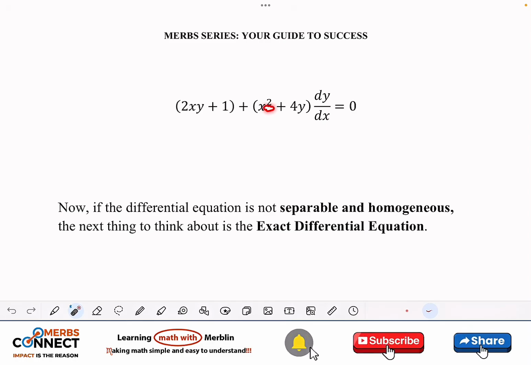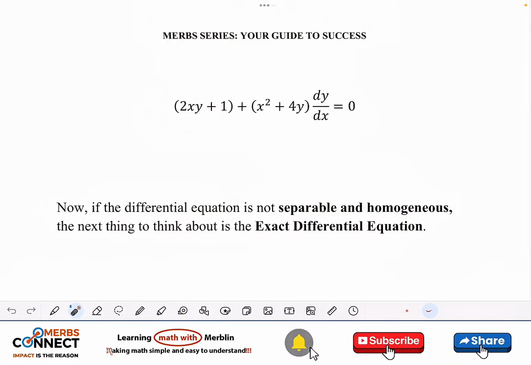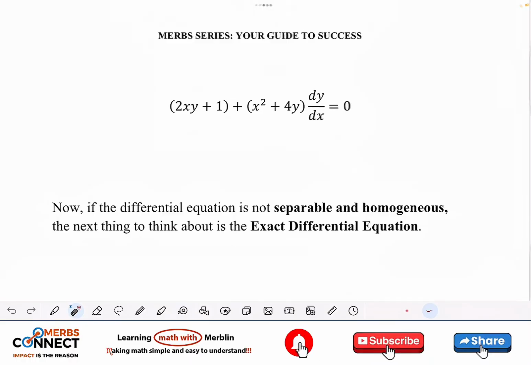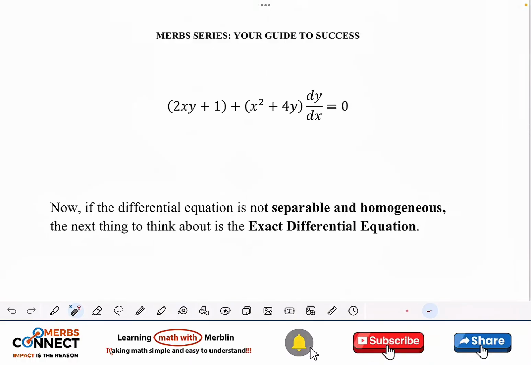This has a degree of 2, this has a degree of 1, this has a degree of 2, this is just a constant. So there is no way it's homogeneous. And it's not separable because we cannot separate the x from the y. So the only way to do this is to think about the exact differential equation. Let's talk about the exact differential equation.